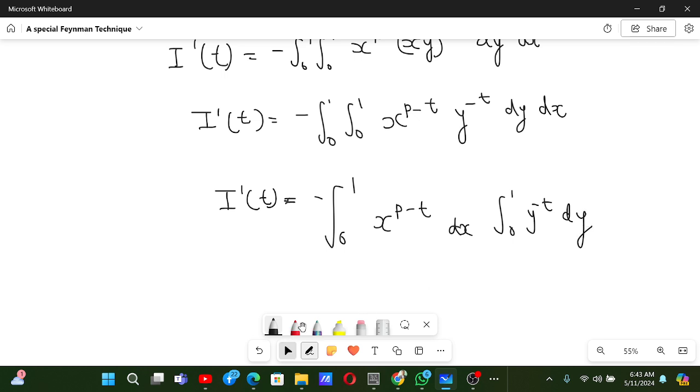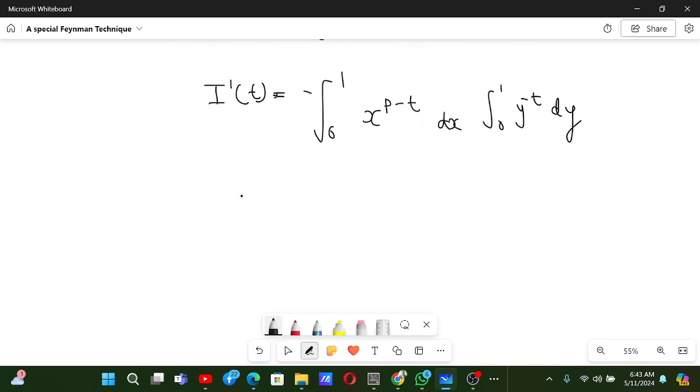Now I of t is just negative of basically 1 by p minus t plus 1, and this one is 1 by 1 minus t. Am I doing it correct? Yes.